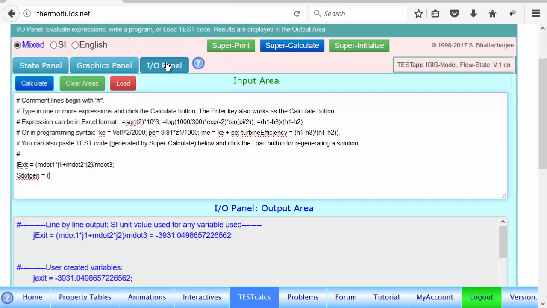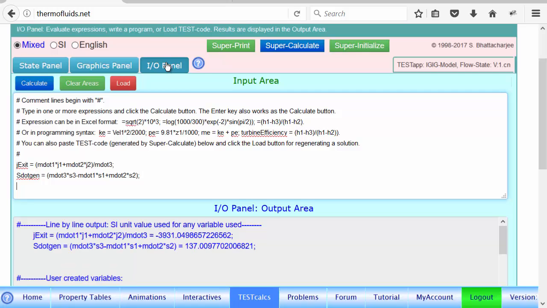The entropy that is going out, m dot 3 times S3, minus m dot 1 times S1 plus m dot 2 times S2. See if it makes sense. The entropy generation must be the entropy at the exit that is flowing out minus the total amount of entropy that is coming in. The difference must be the entropy that is generated.